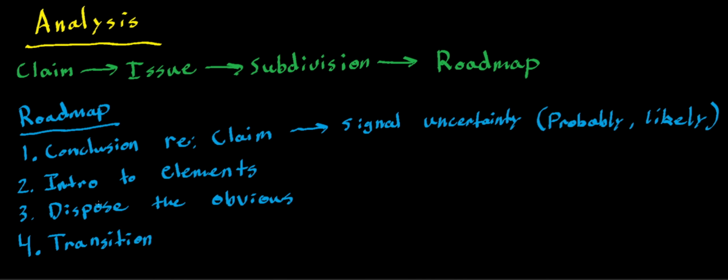And then you go on and you are going to transition from the roadmap into a CREAC, and each CREAC is going to analyze one element, and one element that has not been disposed of as obvious. So the non-obvious elements, each non-obvious element gets its own CREAC.